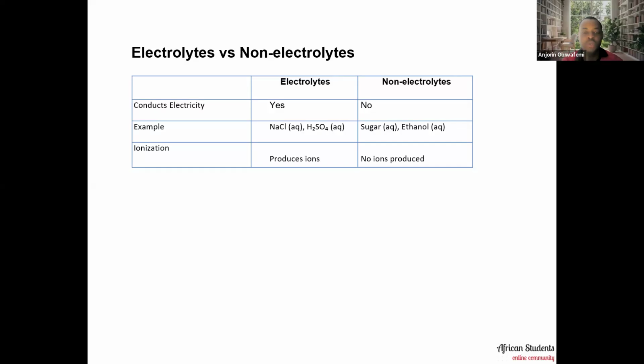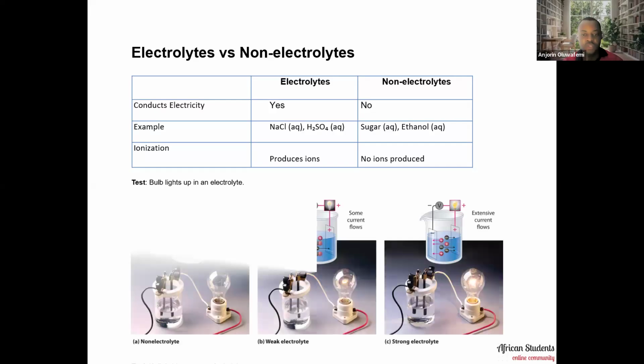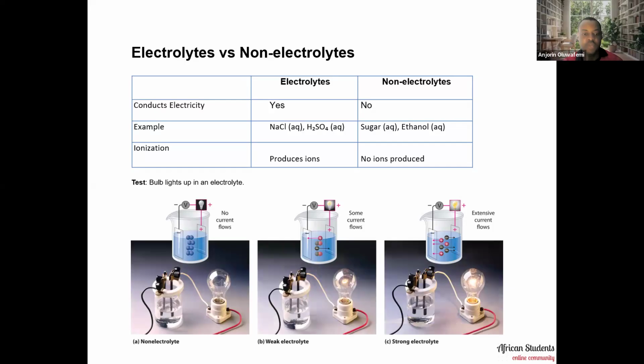In terms of ionization, electrolytes will produce ions, and non-electrolytes do not produce any ion whatsoever. So we can have a setup whereby we have an electrolyte lighting up a bulb, just like we have in this setup. When you have a non-electrolyte, you discover that no current will pass through to light up the bulb.